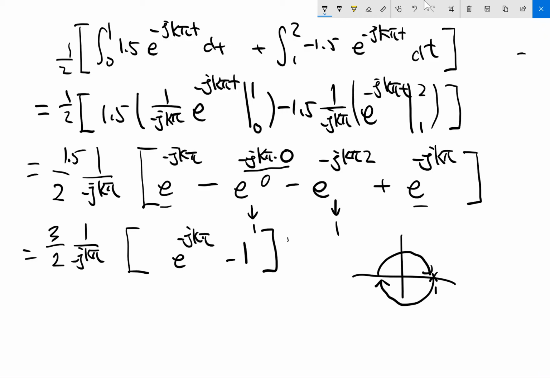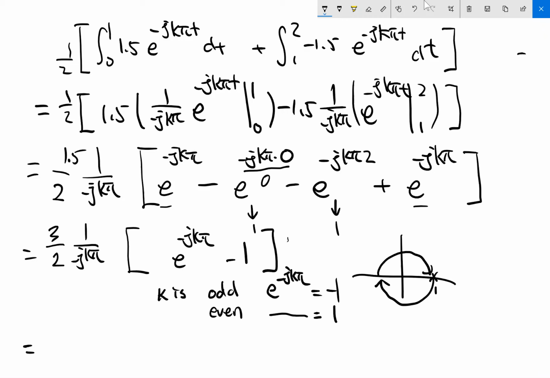That means if k is odd, then e to the minus j k pi is minus 1. If k is even, this one equals 1. Can you get this part?